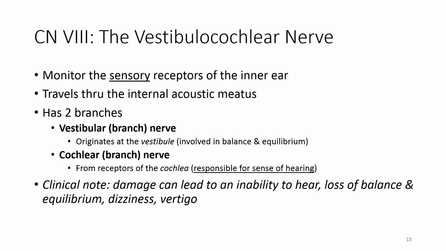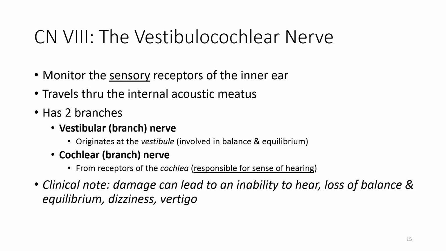And then there's also a cochlear branch, which originates from the cochlea, which is that snail organ in the inner ear, which is responsible for your ability to hear noises. So if you damage this nerve, if you cut off the communication between the brain and those organs on the outside, so the vestibule, the semicircular canals, and the cochlea, this is going to probably cause you to lose your hearing, so you'll become deaf, and then you can also lose your balance and equilibrium.